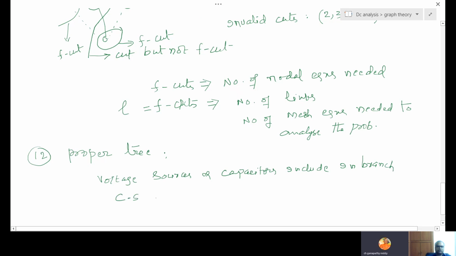Current sources and inductors should be included in links.